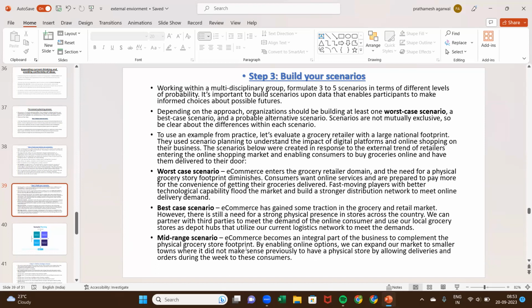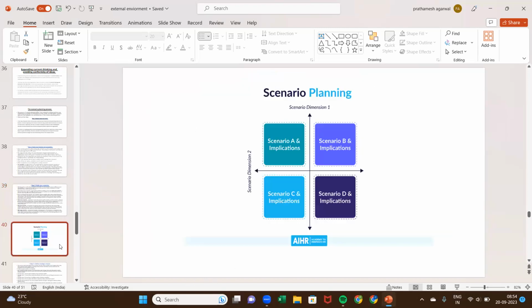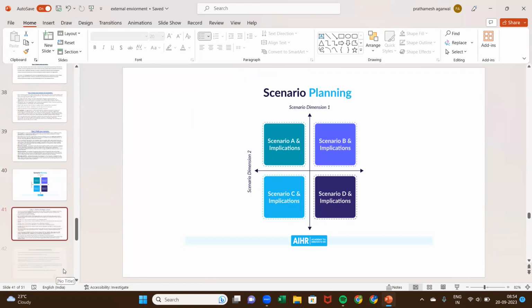So the mid-range scenario is helping smaller towns where they did not have enough physical stores. Now just see, we have scenario A and implications, scenario B and implications, scenario C and implications, and scenario D and implications. Again I repeat, scenario planning is peeping into the future.